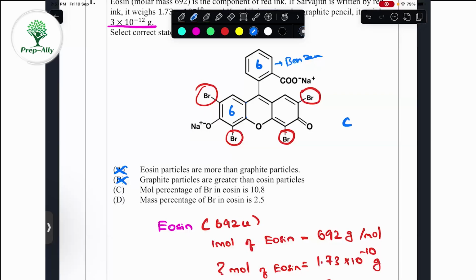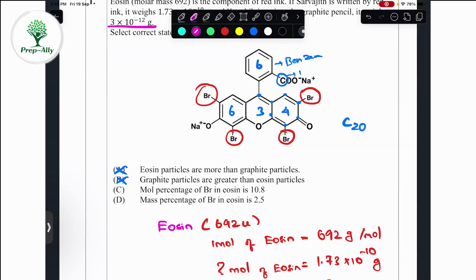These 2 carbon I already counted, and then I am counting these 3 carbon, 1, 2, 3. And here I have 1, 2, 3, 4 carbon, and here one carbon. So 6 plus 6, 12, 12 plus 3, 15, 19, 20. So the total number of carbon atoms is 20.